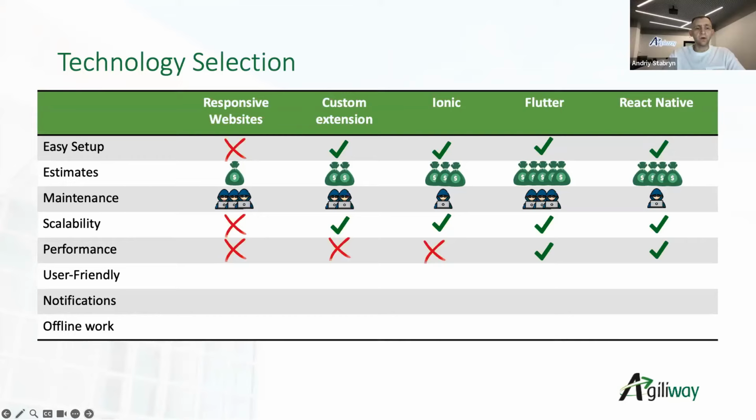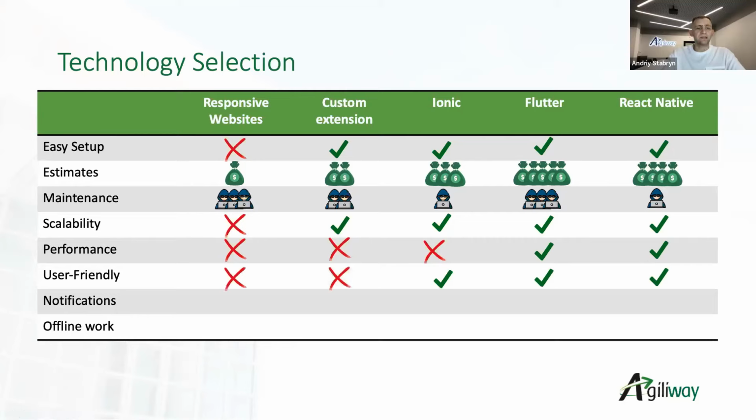For Ionic, performance is reasonable, but it may not match the level of a fully native app. Flutter offers a high performance level, and React Native also provides good performance.